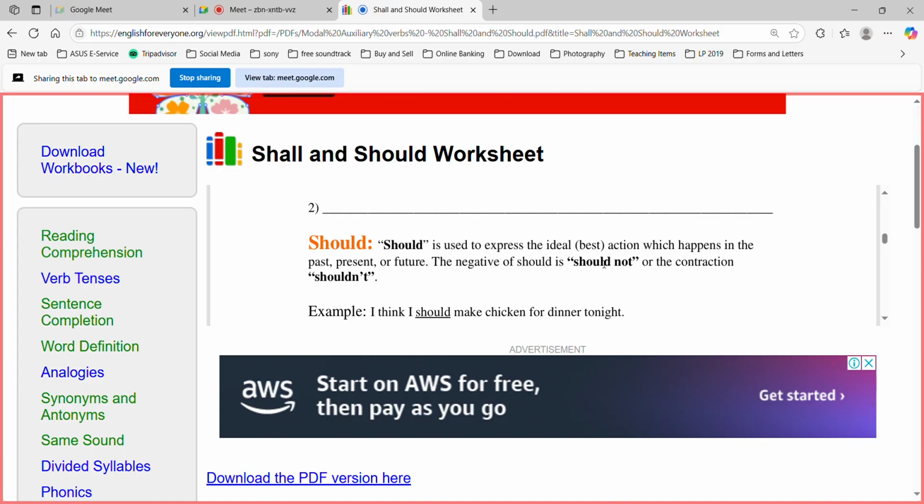What is the difference between ought to, had better, and should? These three auxiliary verbs have the same usage, the same message that the speaker wants to convey, but should is used to express the ideal, which happens in the past, present, or future.